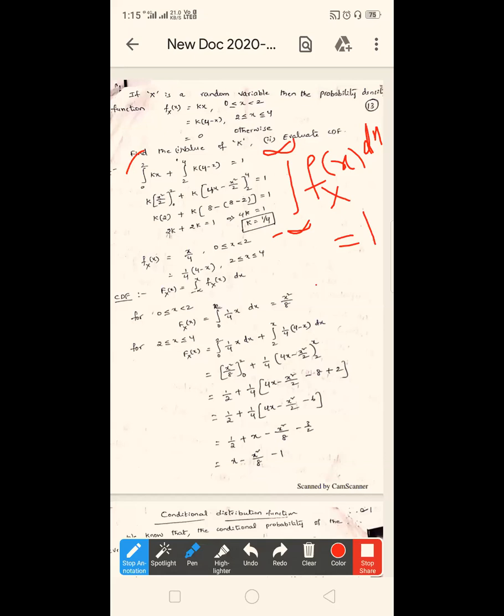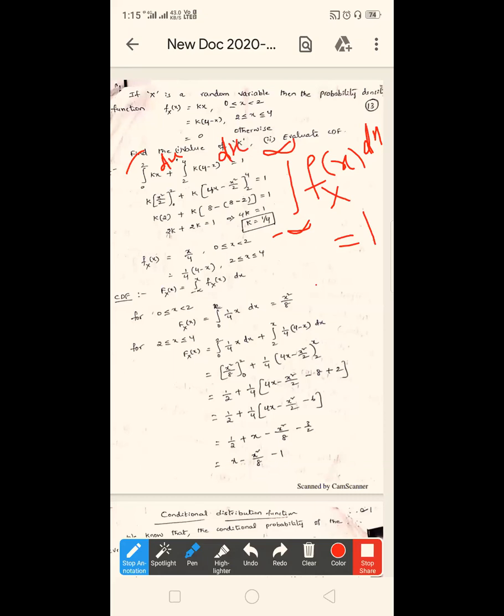Here you have to write dx. I forgot to write dx. Integration must be with respect to x only, because the given variable is x. So integral 0 to 2 of kx dx plus integral 2 to 4 of k into 4 minus x dx is equal to 1.